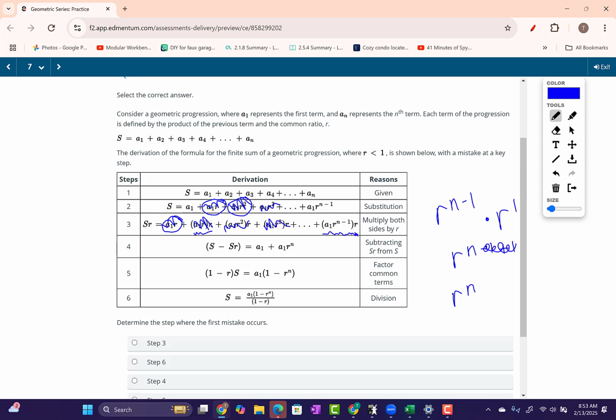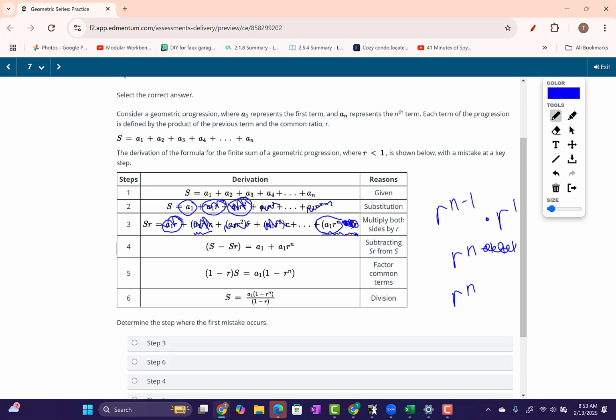So these 1's are going to cancel out. And this just becomes a sub 1 times r raised to the n, it's not going to cancel out with any of the terms from step 2. So let's look and see what hasn't canceled out. Well, a sub 1 hasn't canceled out, and a sub 1 times r raised to the n hasn't canceled out.